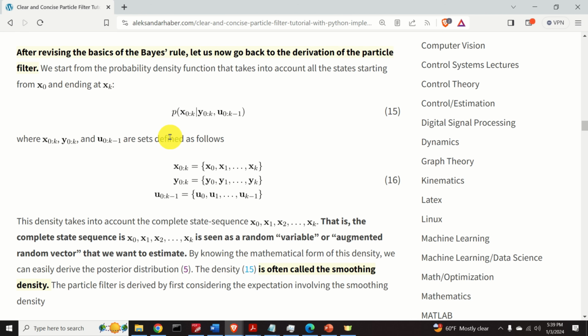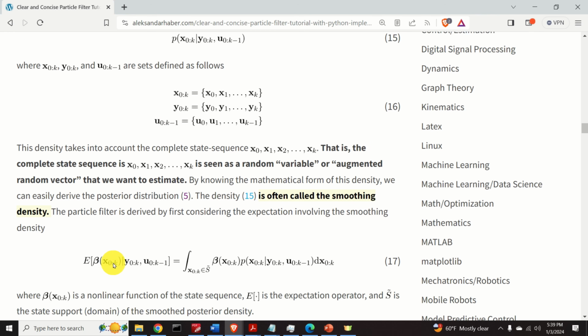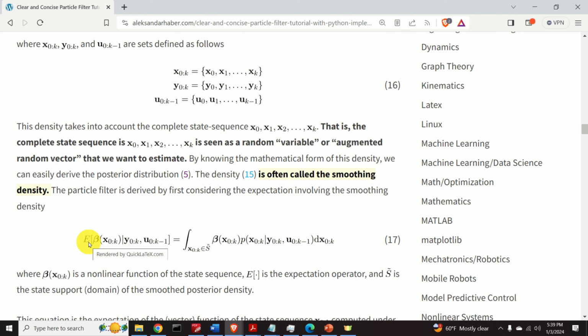The particle filter is derived by first considering the expectation involving the smoothing density, and this expectation is given by this equation. Over here, beta is a nonlinear function of the state sequence, E is the expectation operator, this set S tilde is the state support or domain of the smoothed posterior density.